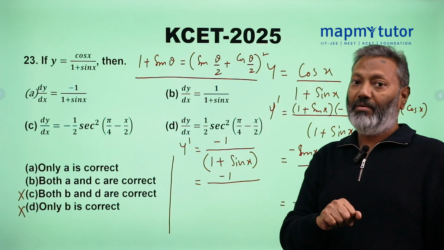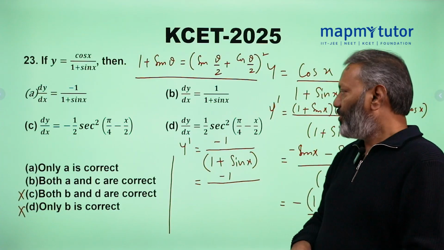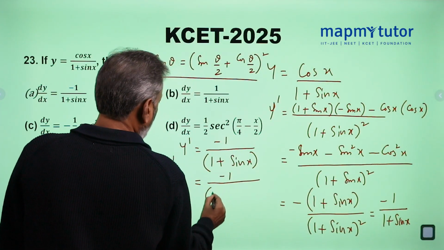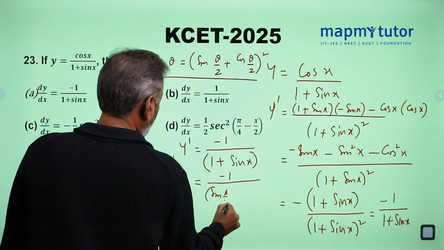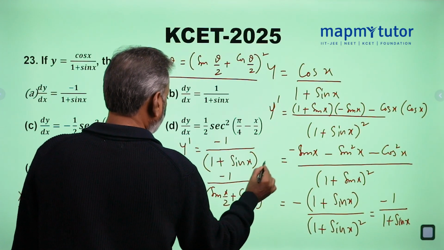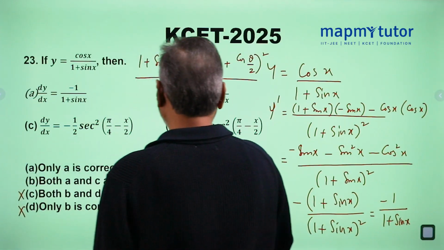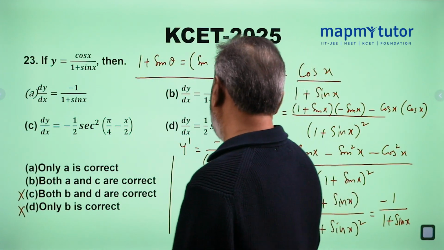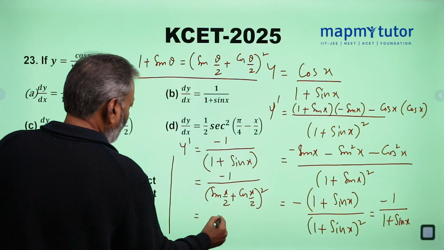That means what? 1 plus sin theta. So, using which I can write this as sin x by 2 plus cos x by 2 whole square. Okay? And hence, it is almost with the secant square kind of thing. Let me check with how to get it.